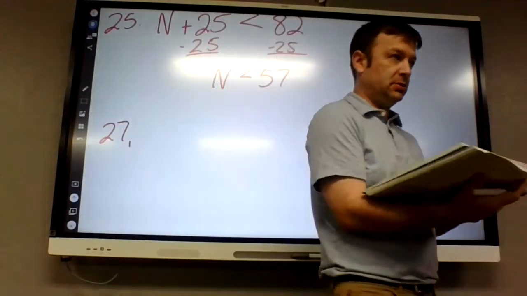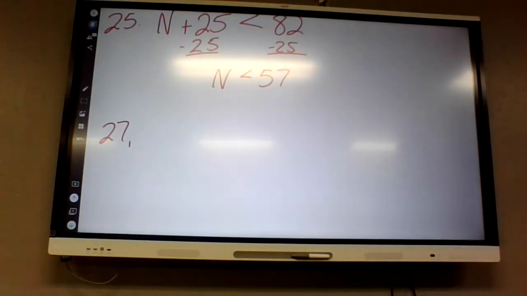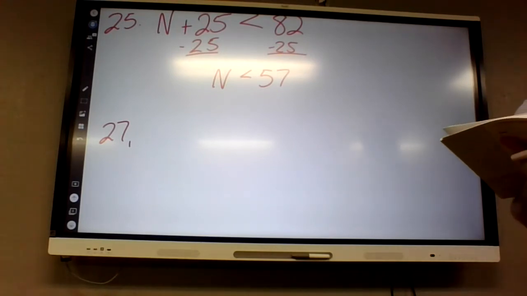27 says an elevator is rated with a maximum weight capacity of 750 pounds. How many teenagers with an average weight of 150 pounds can safely ride the elevator?